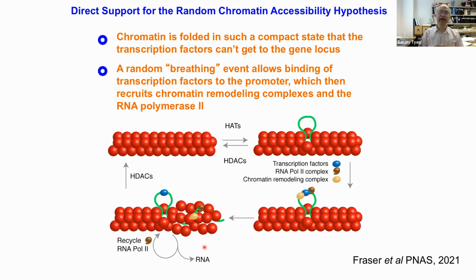Basically the idea is that higher eukaryotes have a lot of transcription factors, maybe 10,000 copies of any given transcription factor that the cell has at a given moment, but the gene is hidden from it. The promoters of the genes are tightly sequestered in chromatin, and some kind of random breathing in the chromatin allows initial access to the transcription factor, and once it gets in, it makes a sustained output of RNA.